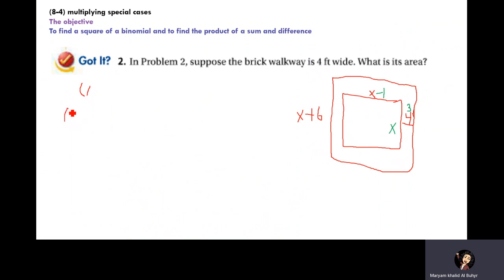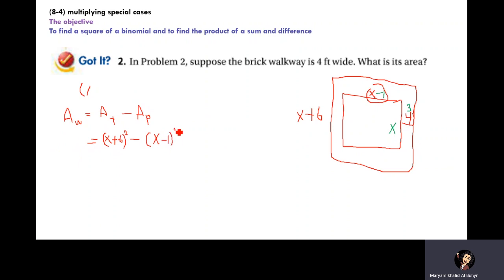Again, the area of the walkway is equal to the total area minus the area of the patio. So the total area is (x + 6) all to the power 2, and we just did it, minus the patio, which will be the change: x minus 1 instead of x.